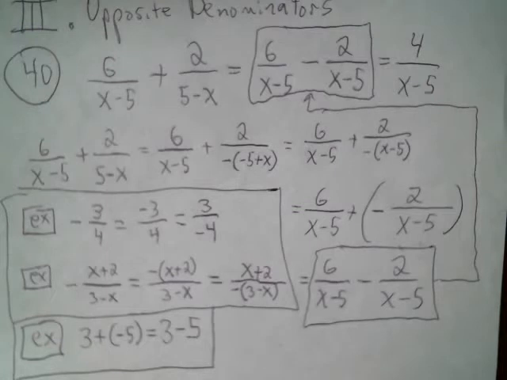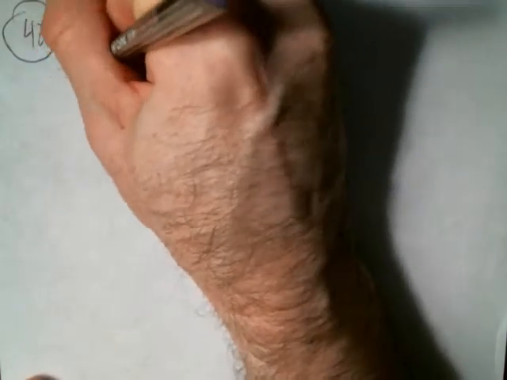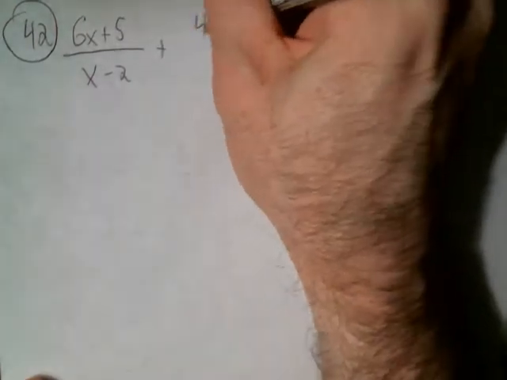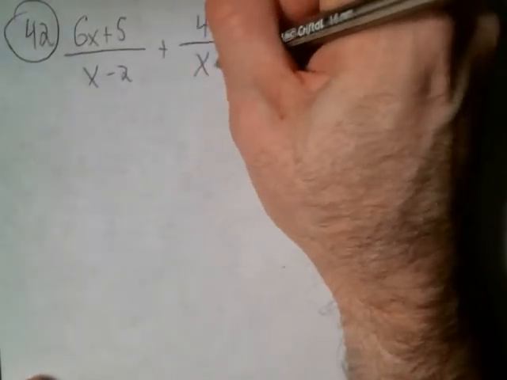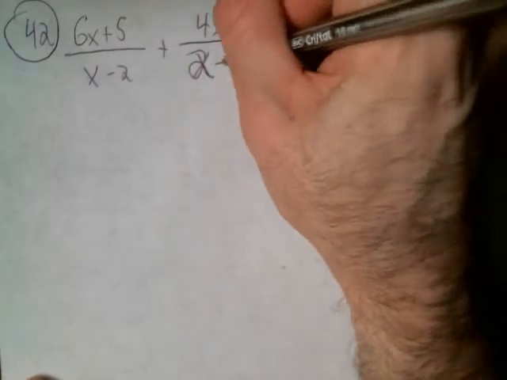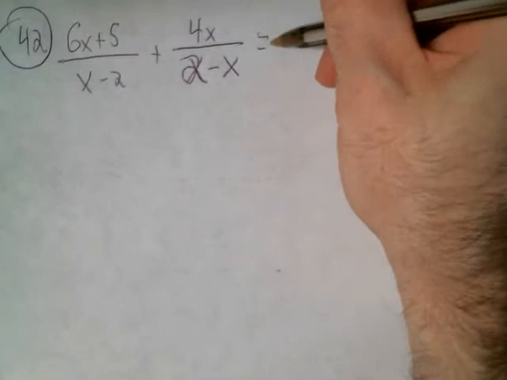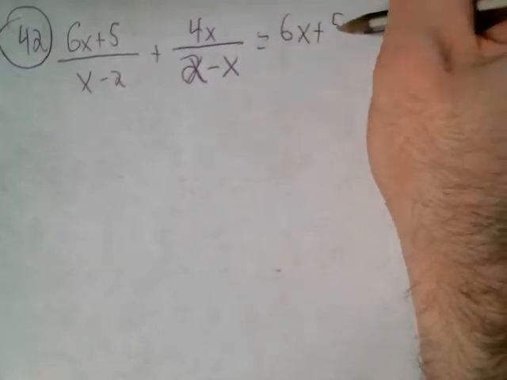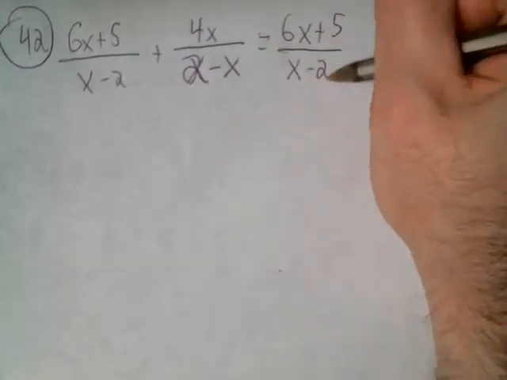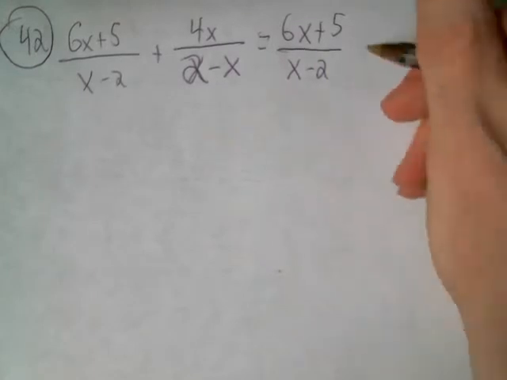Let's take a look at apparently a whole bunch more of these. This is 42. So I got 6x plus 5 all over x minus 2 plus 4x all over 2 minus x. So rather than going through the theory, now we'll just apply the rule. We don't want to have to reinvent the wheel every time we do a math problem.